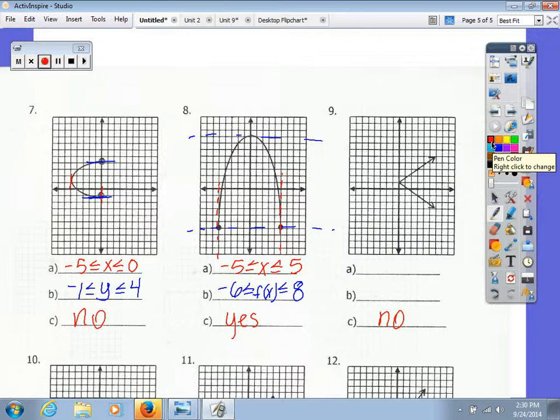Why is number 9 different? Yes, because it has arrows. What do arrows imply? Infinity, that it goes on forever. So it's just like our warm-up, the first problem we did today. Let's do our domain again, and we're not going to let it confuse us because we're still going to use the same process. Coming from the left, what is the first x-coordinate that I have on my graph? 0. Now keep on going.